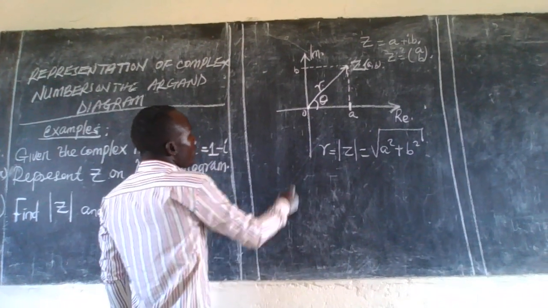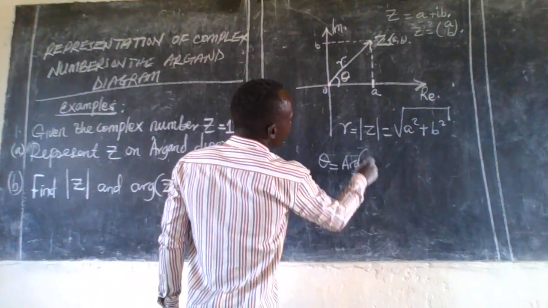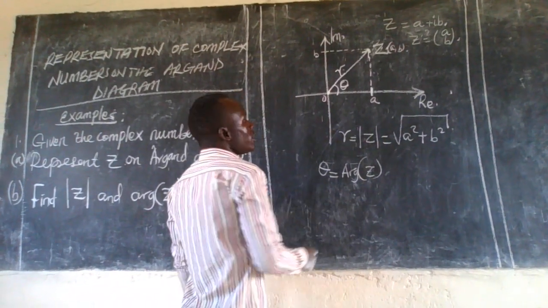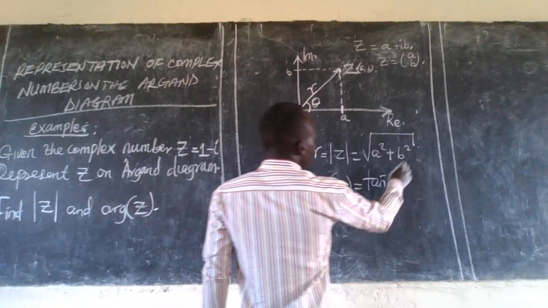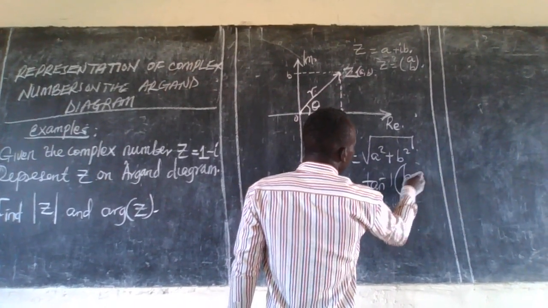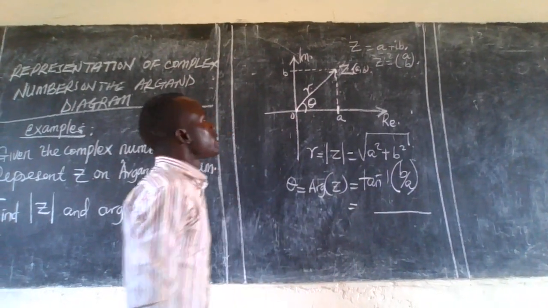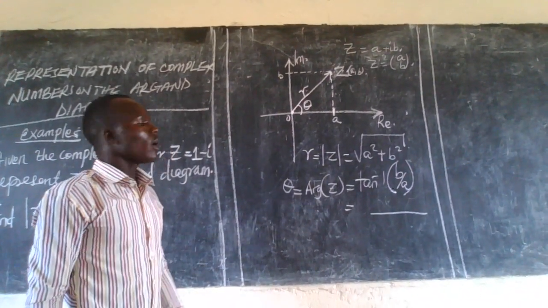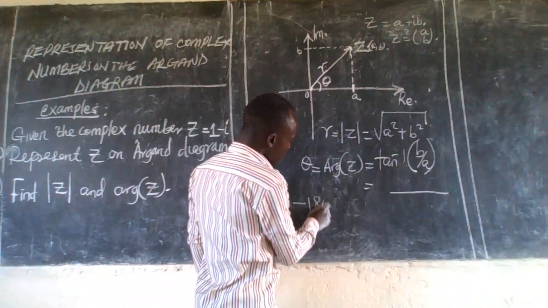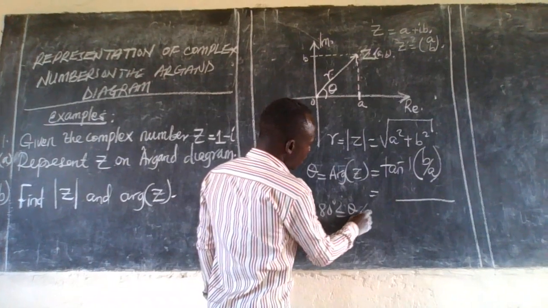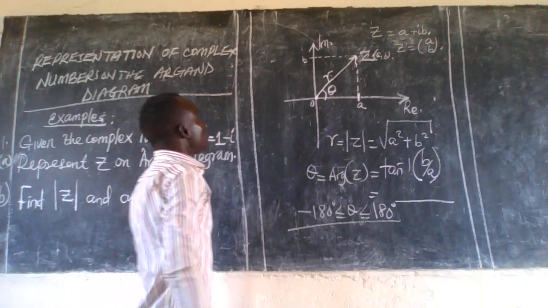Then when we want to get theta, which is the same as arg z, the argument of z, this is given as tan inverse of b over a. The value you get is the principal argument. And the principal argument, arg z, is given in the range of negative 180 degrees less than or equal to theta, less than or equal to 180 degrees.